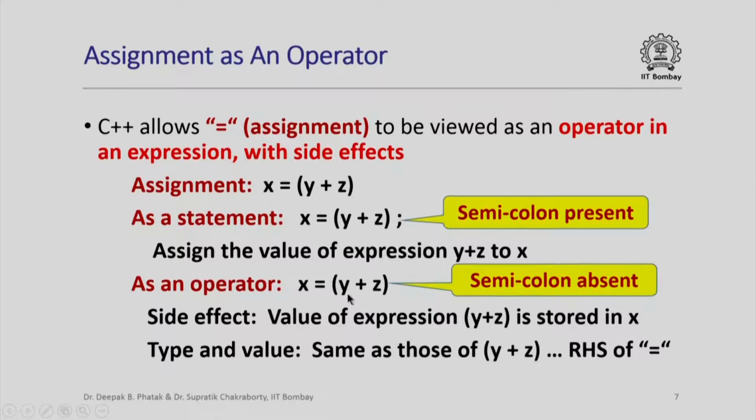So the side effect here is that the value of the expression y plus z will get stored in the variable x, and what is the type and value of this entire assignment expression? It is the type and value of whatever appears on the right hand side of the assignment operator. So in this case, it is the same as the type and value of y plus z.